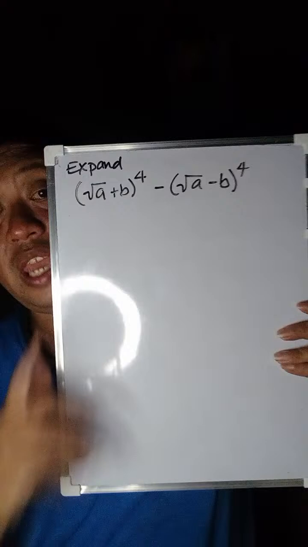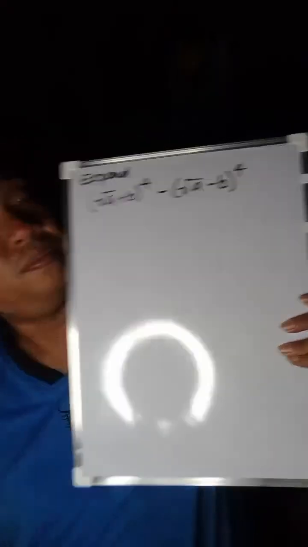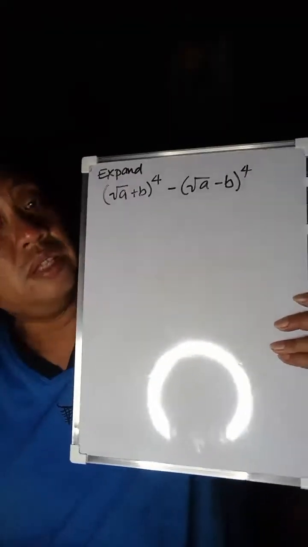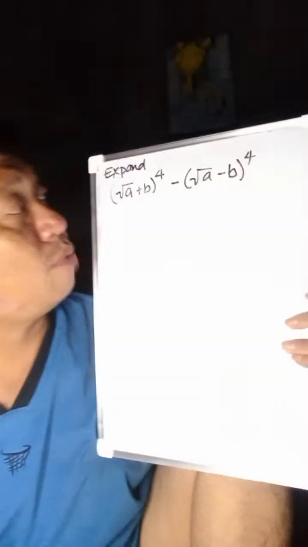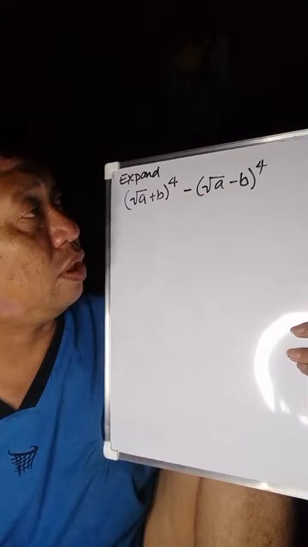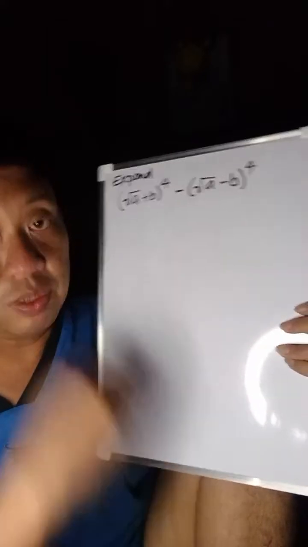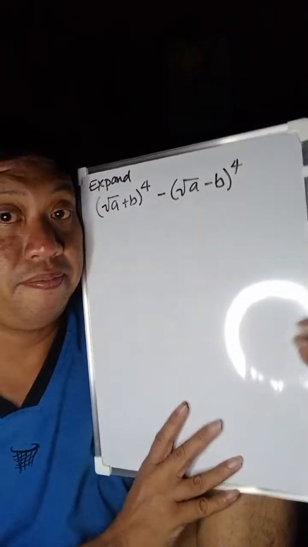The instructions: expand. So we want to expand this expression, square root of a plus b raised to the fourth minus square root of a minus b raised to the fourth. And not only that, once we expand this, we have to simplify.